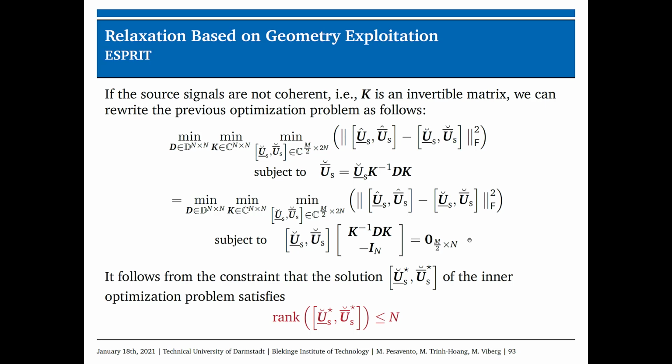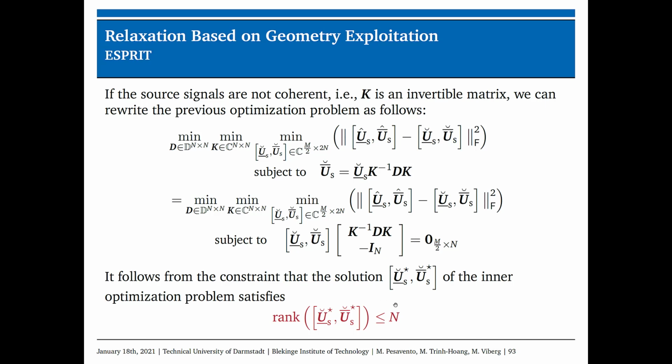In this form, the constraint states that any feasible solution for the concatenated matrix US breve must lie in the null space of the matrix on the right side of the product, that is, the matrix K inverse times D times K stacked over the negative identity matrix. Now, as the matrix on the right side is of dimension 2n times n, the null space of the matrix is of dimension n.